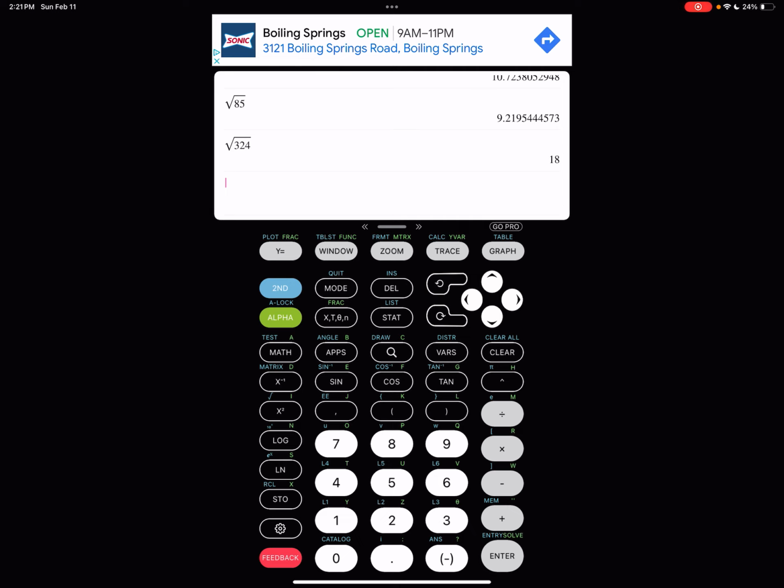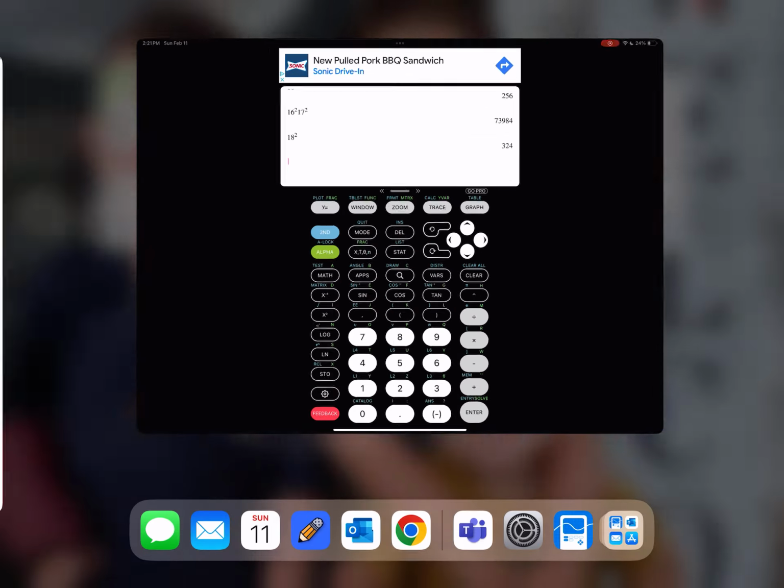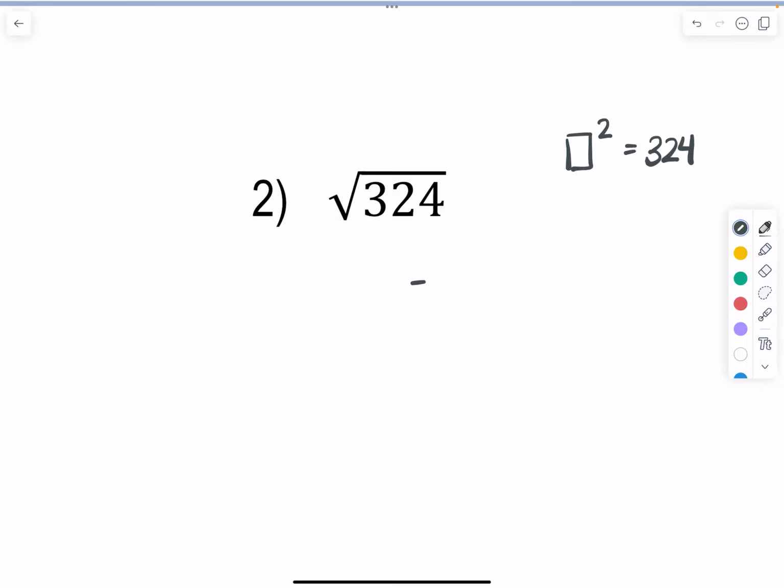Or we could just keep going, 17 squared, too small, all the way until we got to 18 squared is 324. So the square root of 324 is 18.